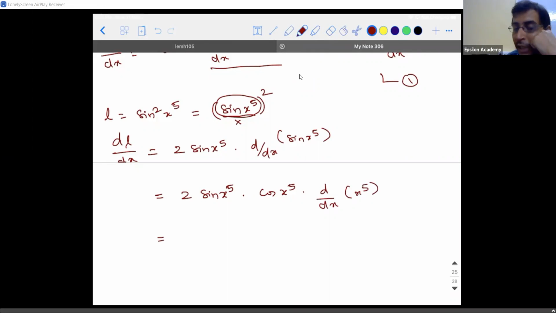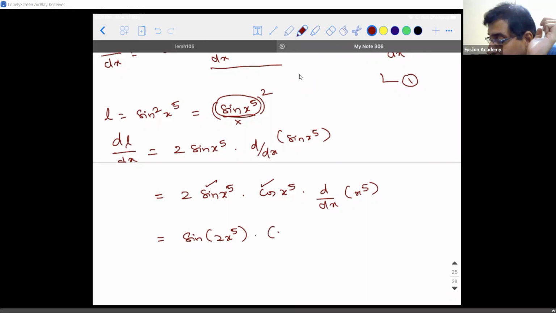So in this problem, the advantage is 2 sine x power 5 into cos x power 5 is nothing but sine of 2 into x power 5, because 2 sine a cos a is nothing but sine 2a, into 5x power 4. Let me call this equation number 2.